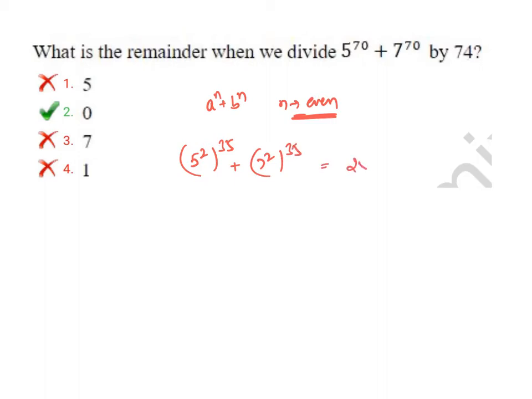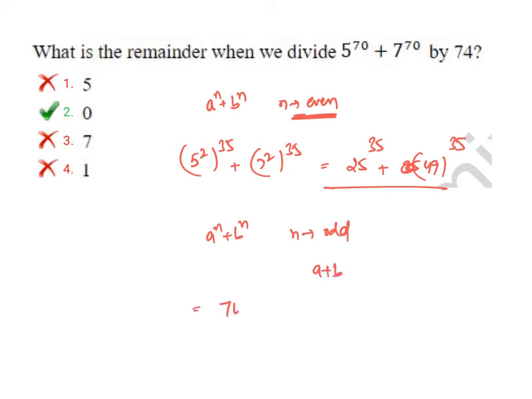So you can say 25 to the power of 35 plus 49 to the power of 35. Now it is in the form of a power n plus b power n where n is odd. Therefore you have a factor of a plus b. Therefore the whole thing you can write as 25 plus 49 is 74 into something. Therefore it is perfectly a multiple of 74. So when a multiple of 74 is divided by 74, the remainder is 0.